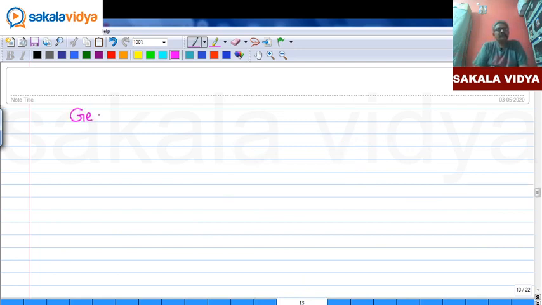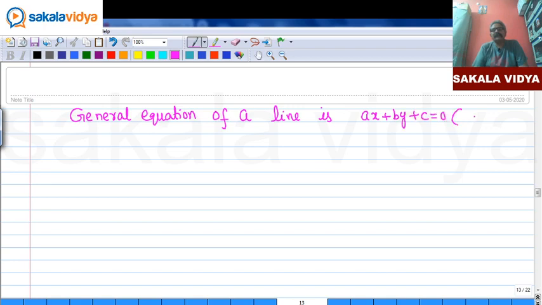So, general equation of a straight line. General equation of a line is ax plus by plus c is equal to 0. Already we had a discussion.